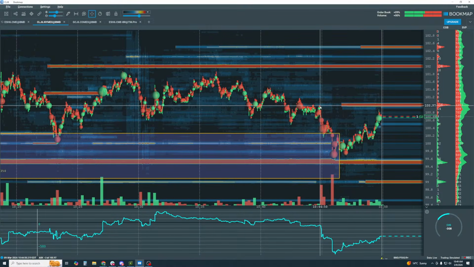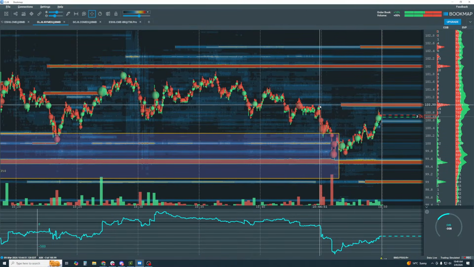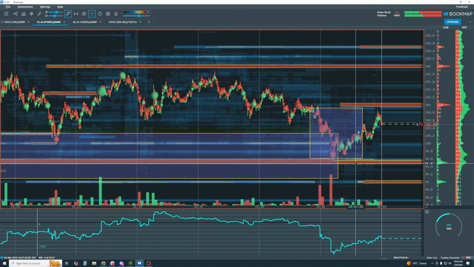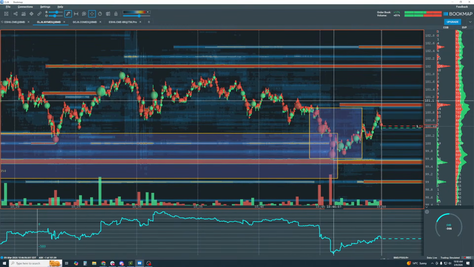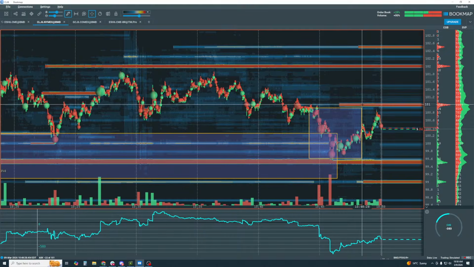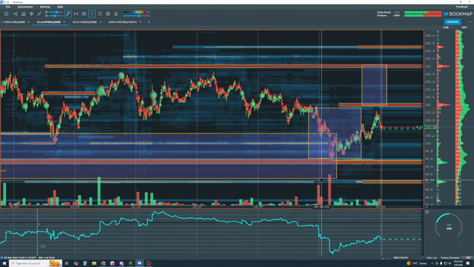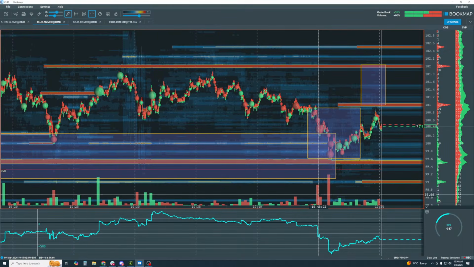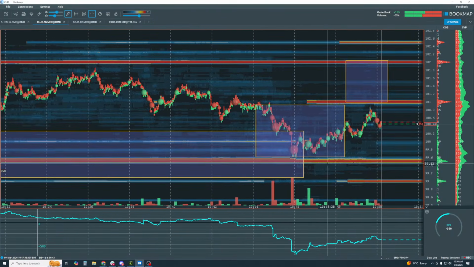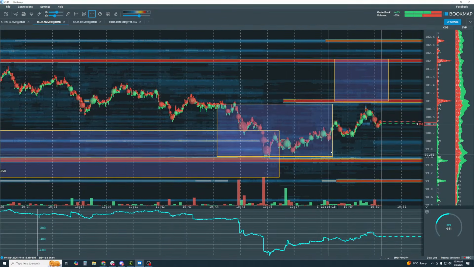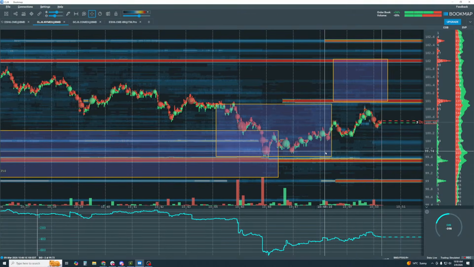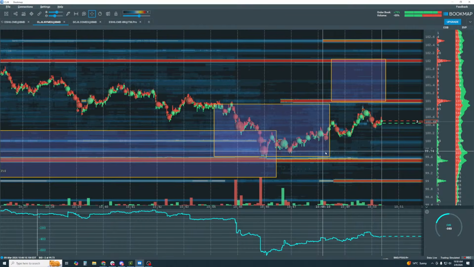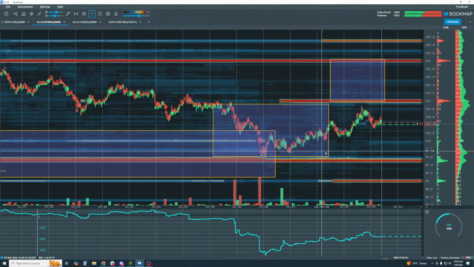Okay, once we get back up above 101 in here, we can go through another scenario. Look at all that selling. We can get back up above, then we should see buying up in here. Okay, some covering. All right, let's see.